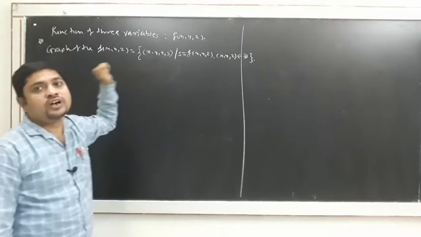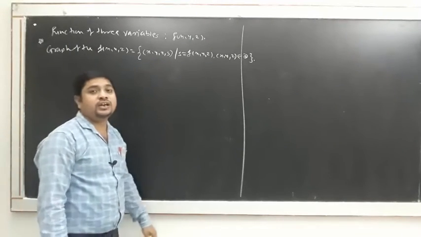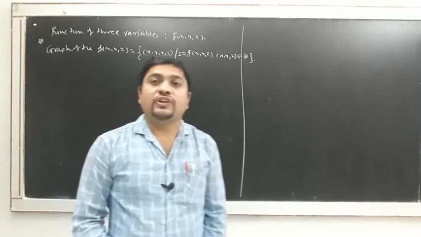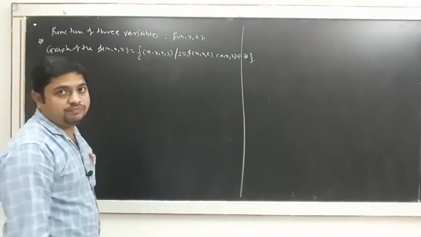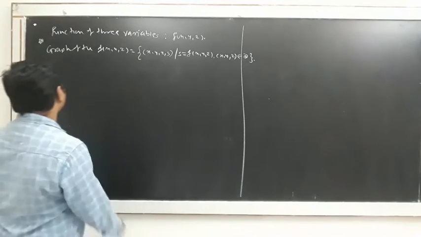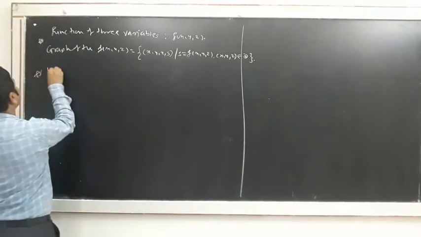This graph goes to the 4th dimension, therefore it is very difficult to visualize the graph of a function of 3 variables. Similarly, what we can find? Level curves.